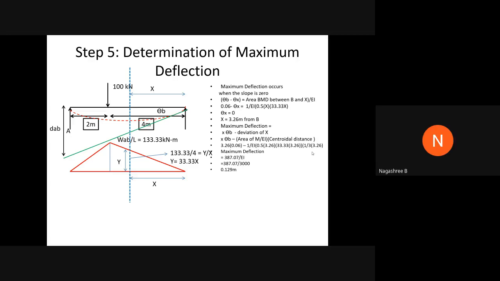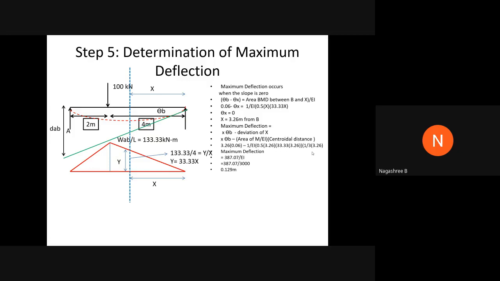So I will summarize this. When you want to determine the maximum slope or deflection at any point, first you determine the slope at the two ends, at A and at B. Then notice what kind of load is given.